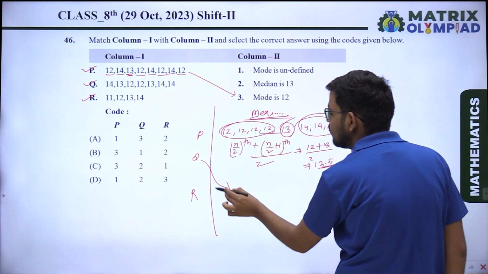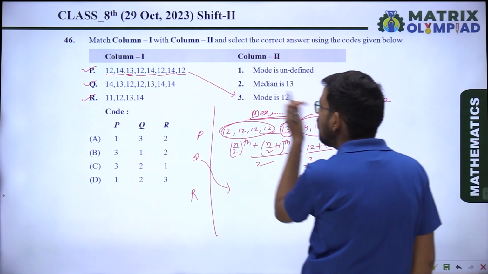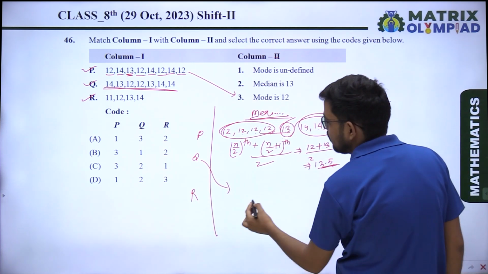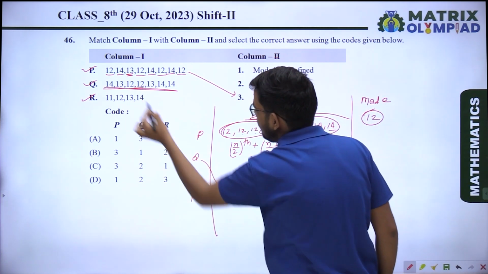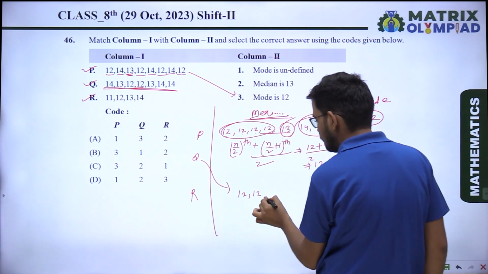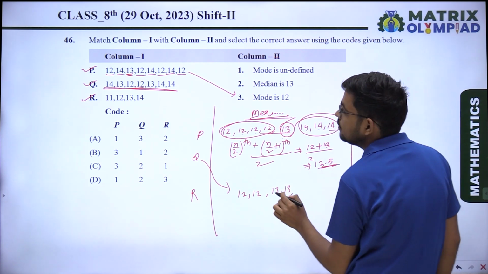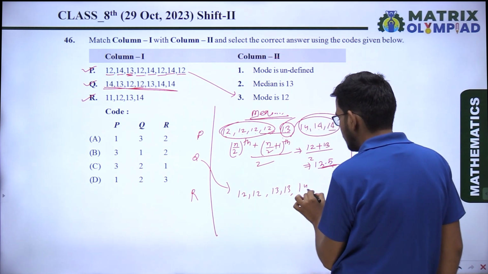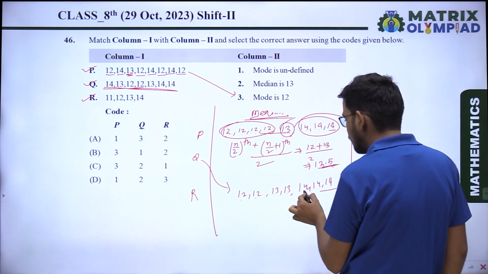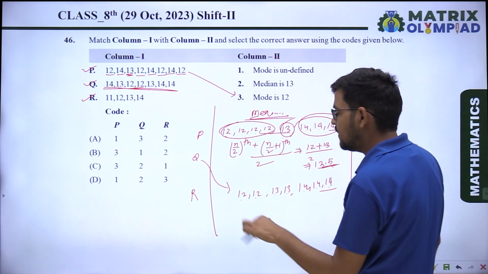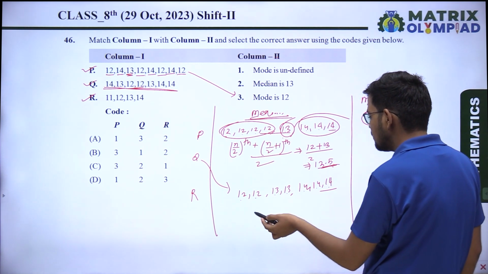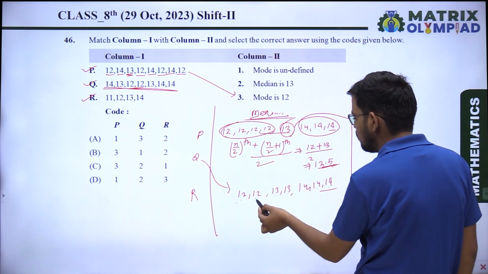For Q, now we are finding mode and median. So first we are trying to find out the median. 12 is repeating 2 times, 13 is repeating 2 times, and 14 is repeating 3 times. So there are 7 terms, and the median is the n plus 1 by 2 term. 7 plus 1, 8 upon 2, the 4th term.